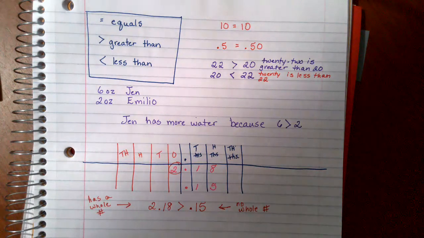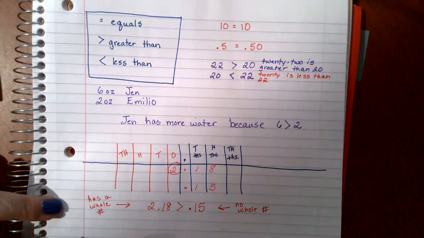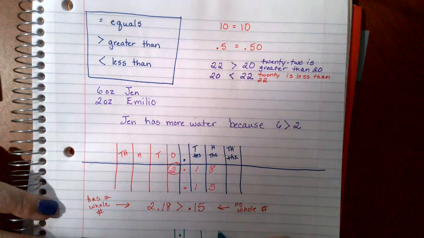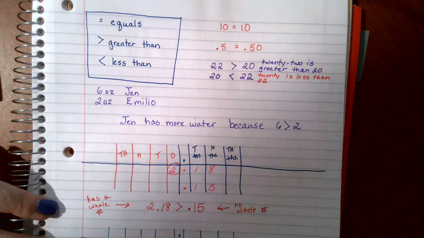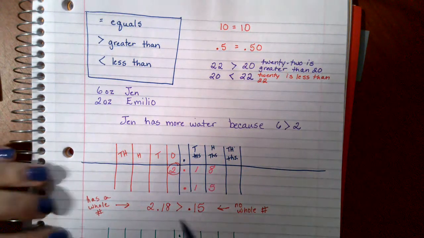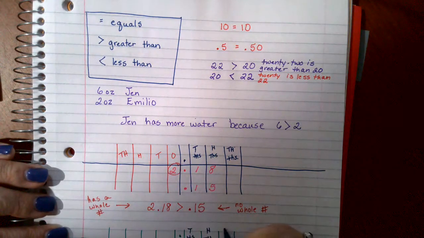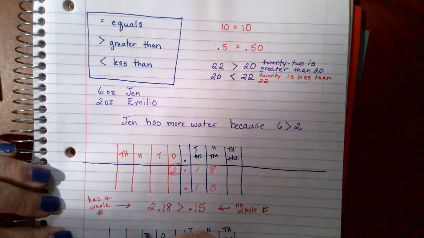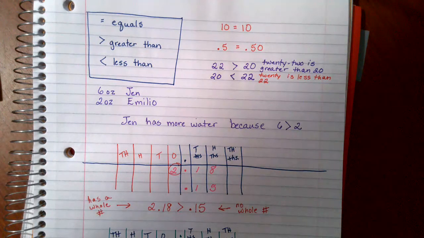So then we have to wonder, okay, what happens if our whole numbers are the same? Tenths, hundredths, thousandths, ones, tens, hundreds, thousands.